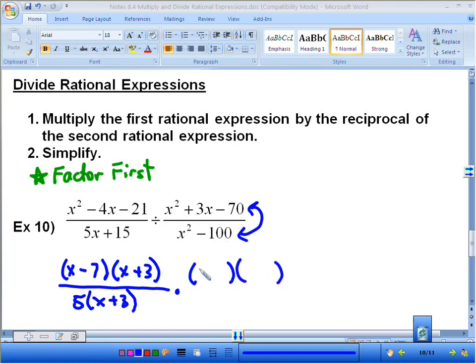X squared minus 100 factors into x minus 10, x plus 10, and x squared plus 3x minus 70 factors into x plus 10, x minus 7.